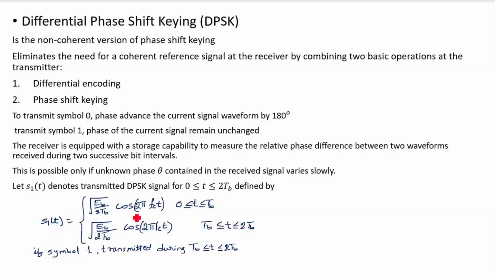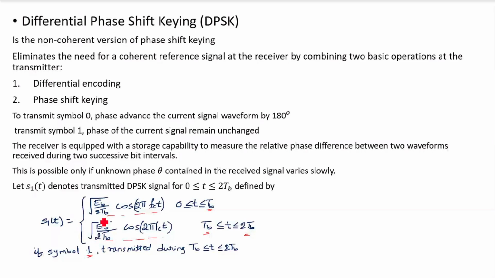Say the first signal is sent over a symbol duration Tb. Now, if I have to transmit the symbol 1, I have to send the same signal again, without changing the phase, in the symbol interval Tb to 2 Tb. Please focus on this.